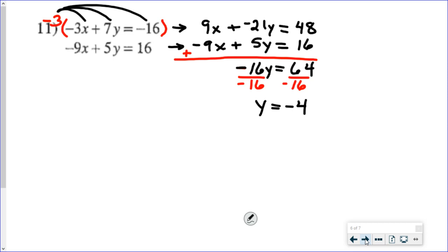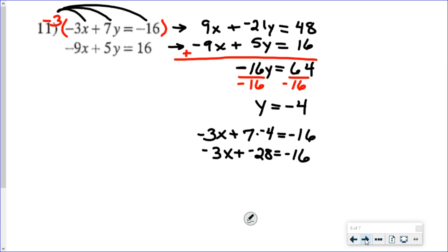I'll use the top equation. We don't know x, but we know y is negative 4. So I have negative 3x. This becomes a negative 28. And I'm going to divide, not divide yet, holy moly, minus 28 becomes plus on both sides.